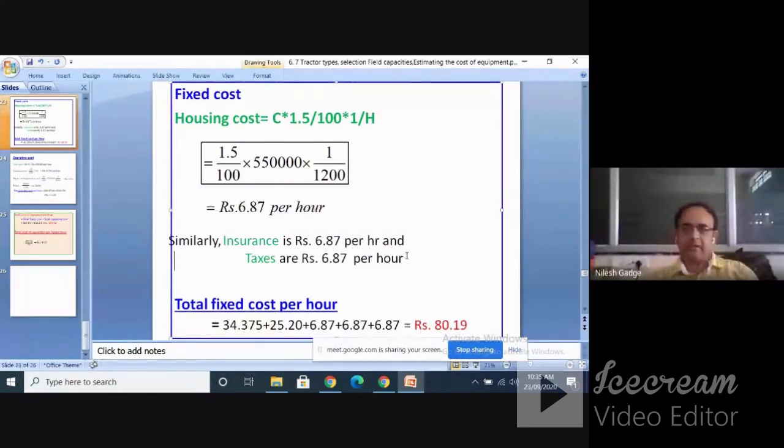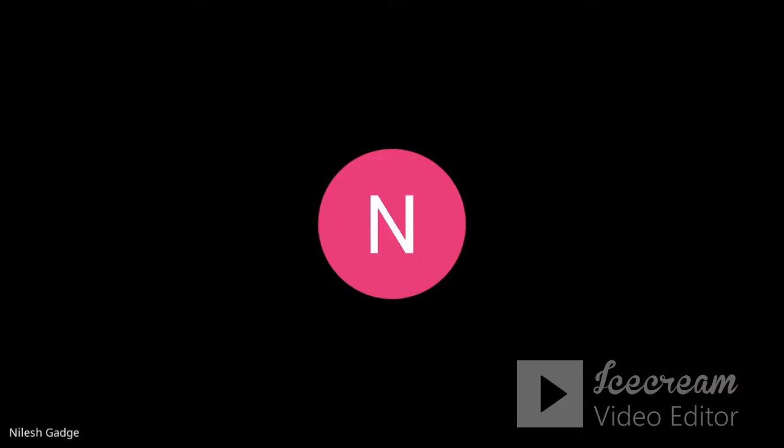So write down about the housing, insurance, and taxes. Then the total fixed cost. Total fixed cost: this is your depreciation, this is interest we have calculated, this is housing, this is insurance, and this is the tax.